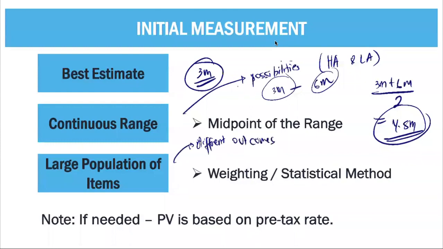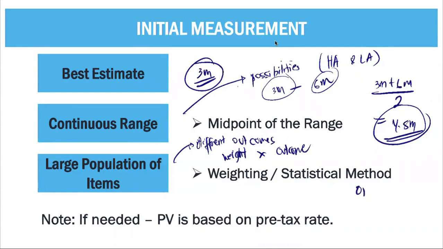We measure it by the weighting or statistical method. So what is the weighting or statistical method? Under this method, we get first the weight of a particular outcome, so the weight of the outcome multiplied by the outcome.